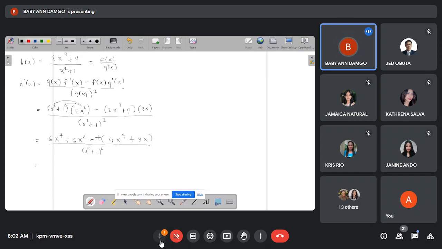Okay? So, simplify. So, this is combine like terms. So, this is 2x to the 4th kay 6 minus 4. Next, so plus 6x squared minus 8x all over x squared plus 1 squared. Okay, so this is the final answer.